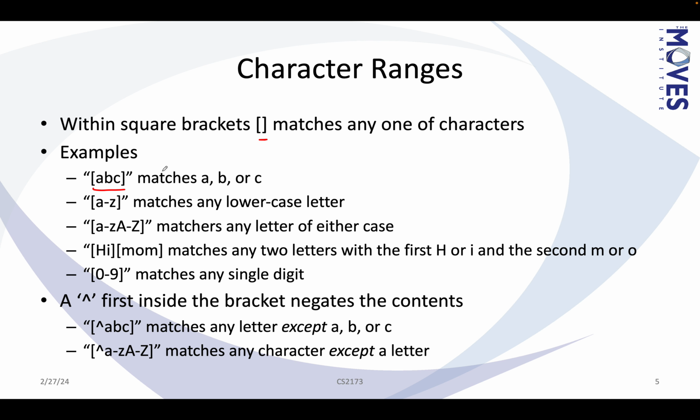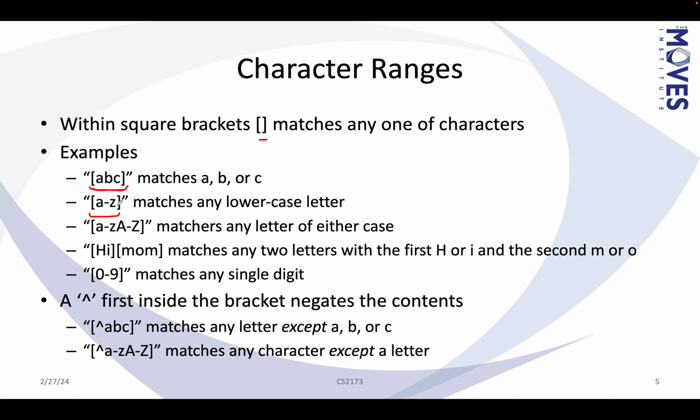Now, supposing I want to match any single lowercase letter. This thing will match exactly one letter that's either A, B, or C. It turns out that there are some shorthands. A hyphen Z means all the lowercase letters A through Z, and that will match any single lowercase letter whatsoever.